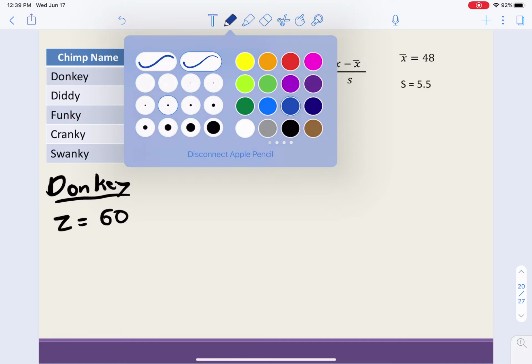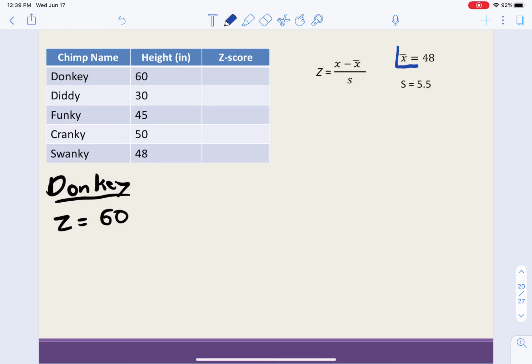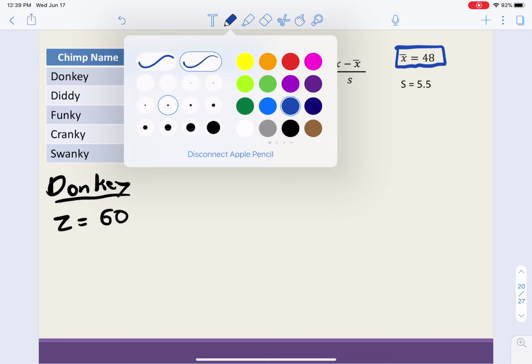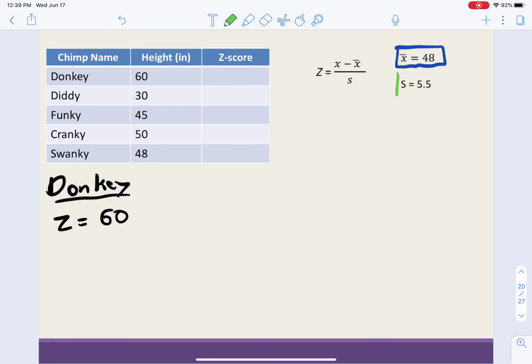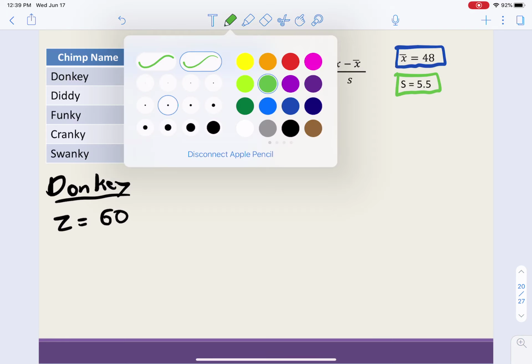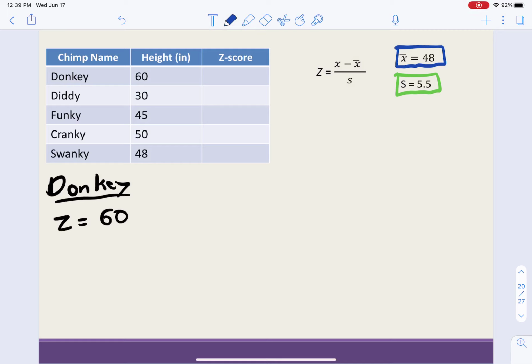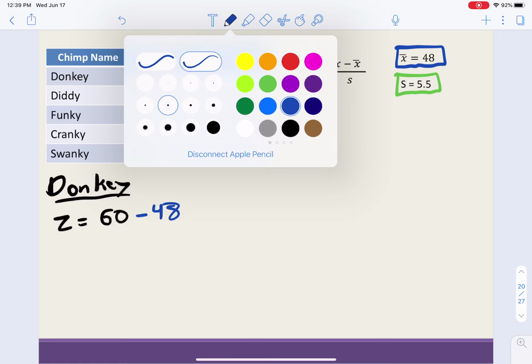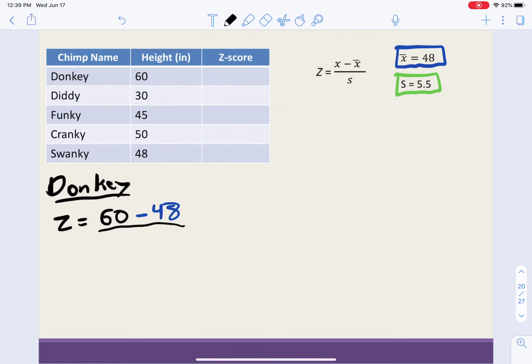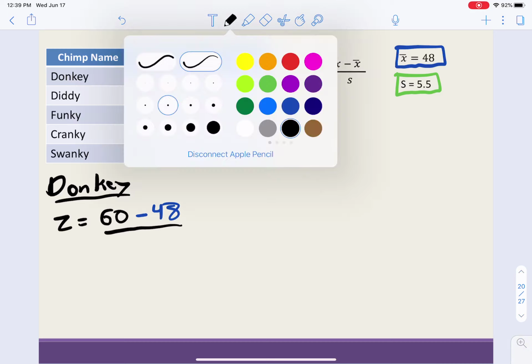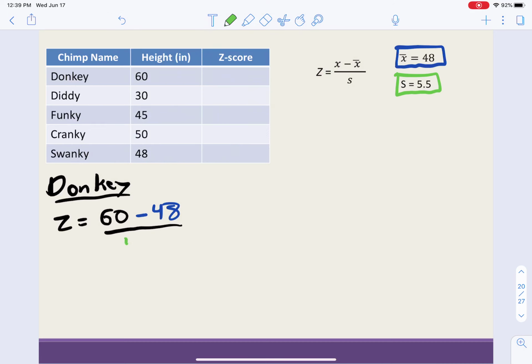Let me do some nice color coding so you can see where I'm getting everything. Then all we want to do is minus 48, and then divided by 5.5. Then I'll just get out the old calculator. I'm using my phone as a calculator.